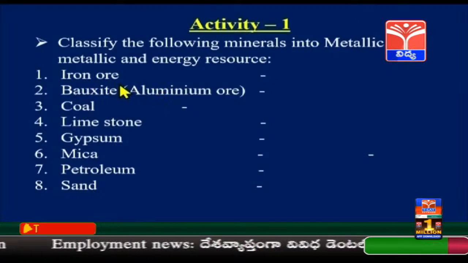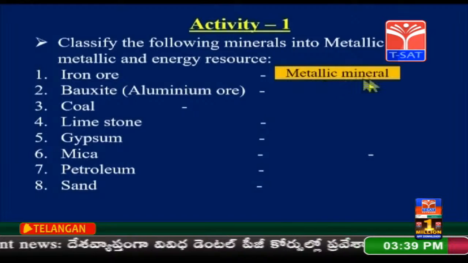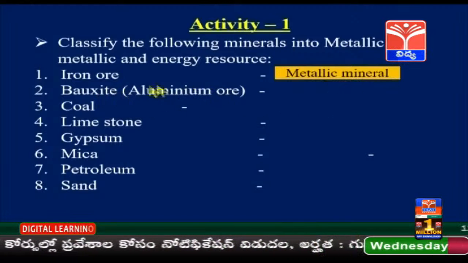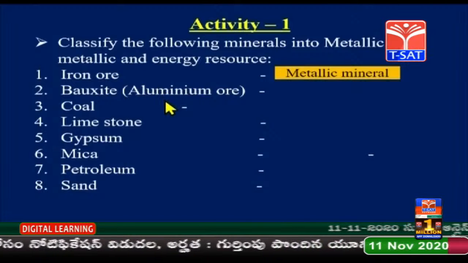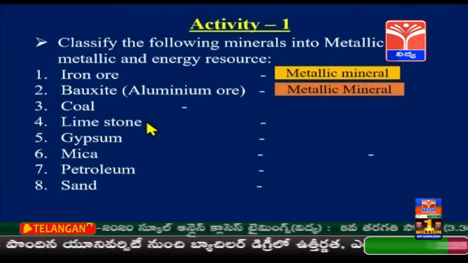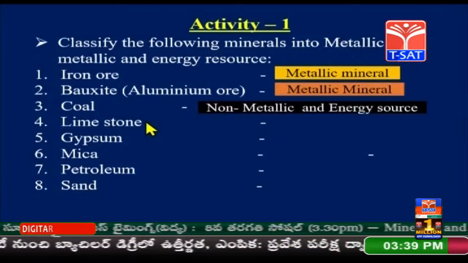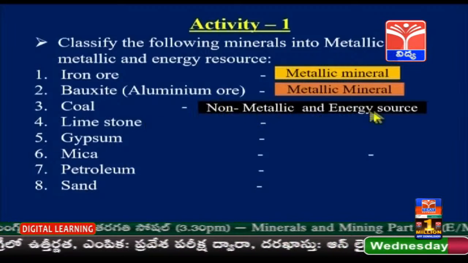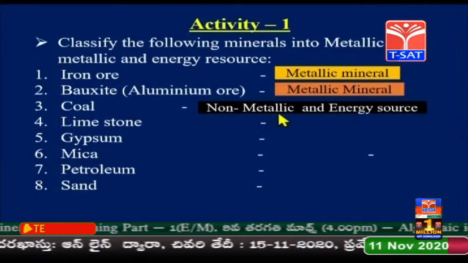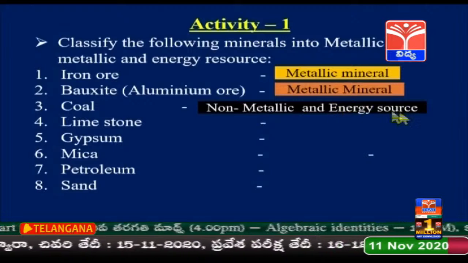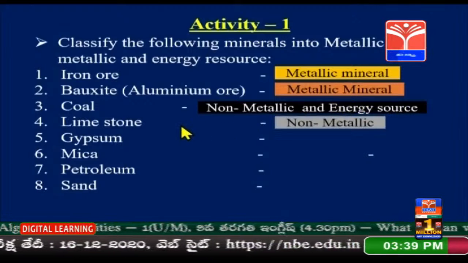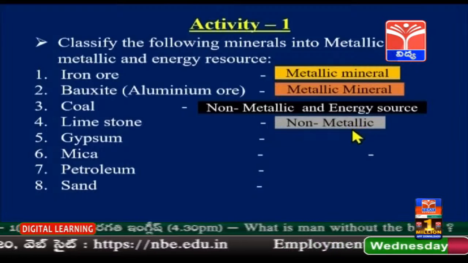What is iron ore? Iron ore is a metallic mineral. Yes. And bauxite. Bauxite is aluminium ore. So, what is that? It is also a metallic mineral. And then next, coal. Coal is non-metallic as well as an energy source. It is not only a non-metallic mineral but also an energy source. What is limestone, children? Yes, it is non-metallic.